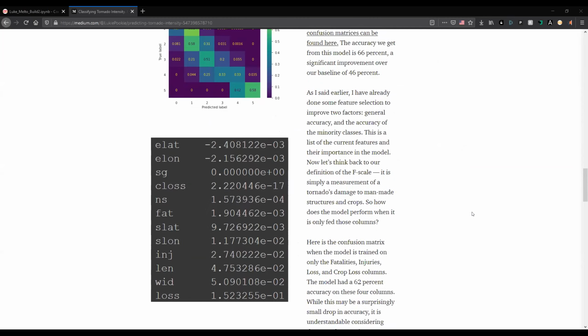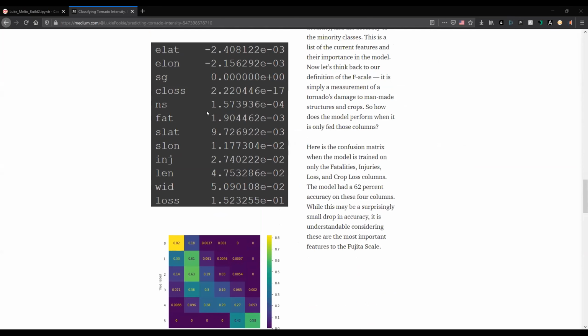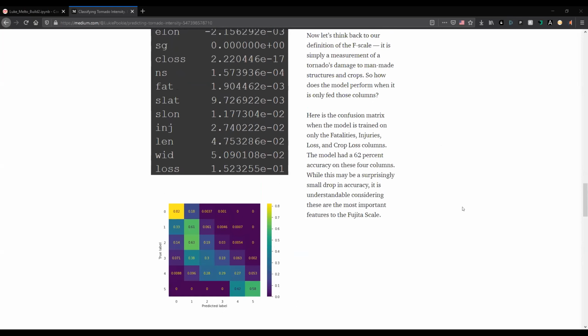So I ran a version of the model only looking at destruction, crop loss, injuries, and fatalities, and ended up with 62%. So lost a little bit. It was an interesting experiment to see that there are other factors that can provide value, even though the scale doesn't look at those specifically.